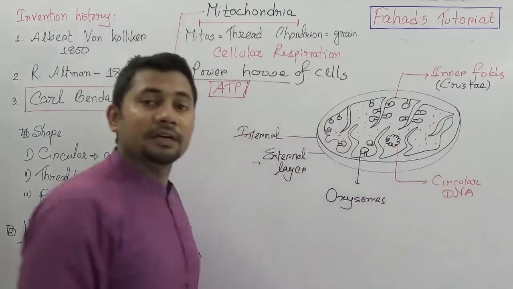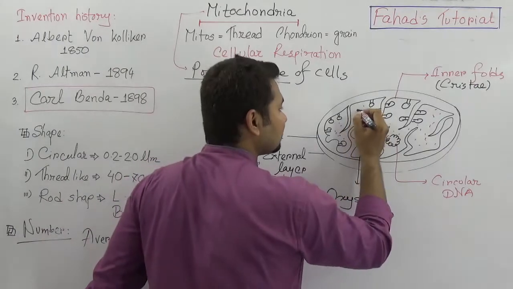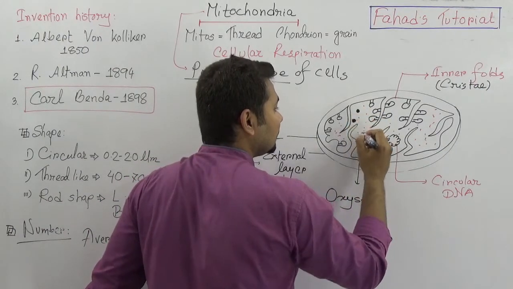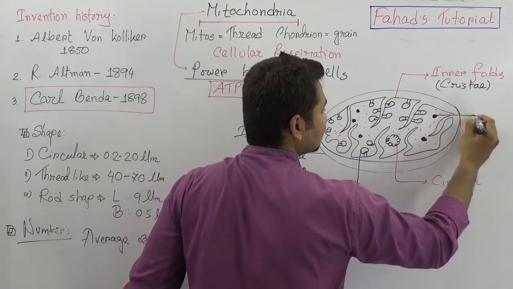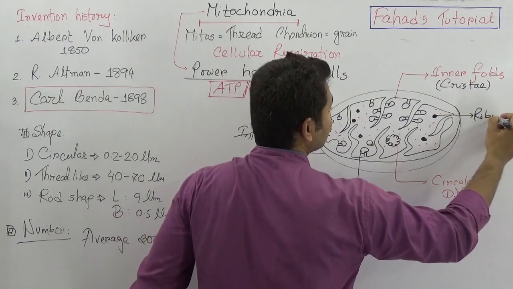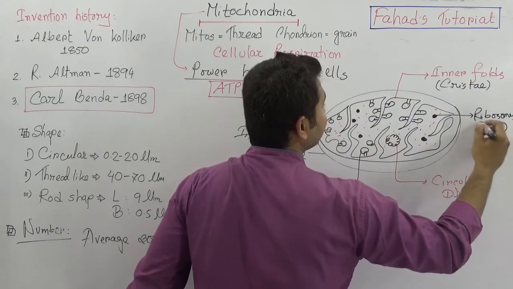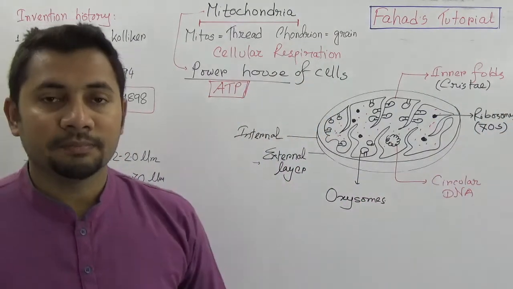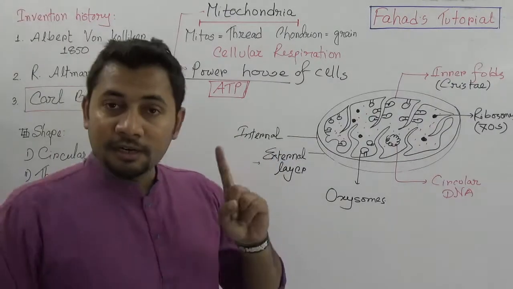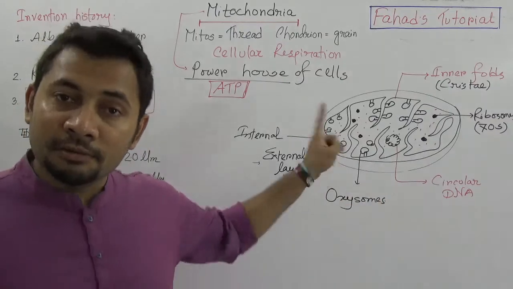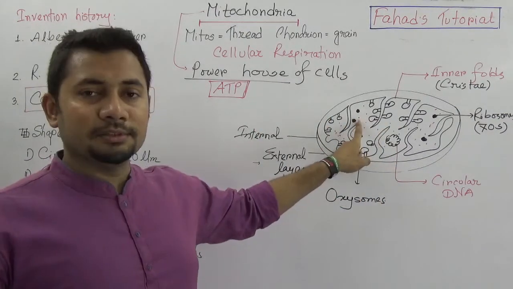And also in mitochondria there are ribosomes, and these ribosomes are actually of the prokaryotic type, the 70 Svedberg unit ribosomes. So most importantly, inside the mitochondria there will be a circular DNA, and also there will be ribosomes.